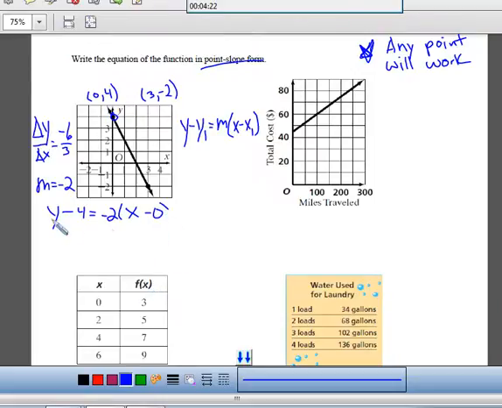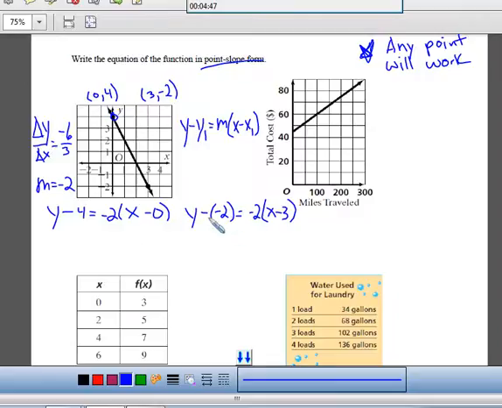And that's it. That's the equation in point slope form. You can stop right there. Now I want to show you the other point, 3, negative 2. So my y1 value is negative 2, and I've got y minus negative 2 equals, my slope still negative 2, times x minus 3.